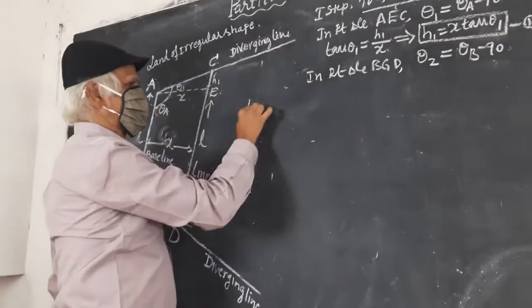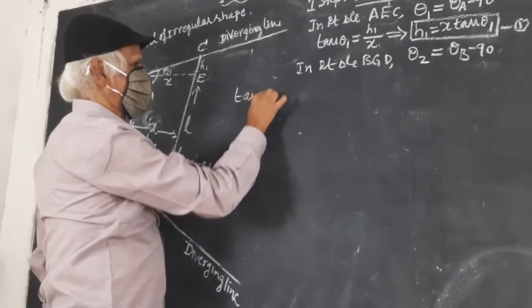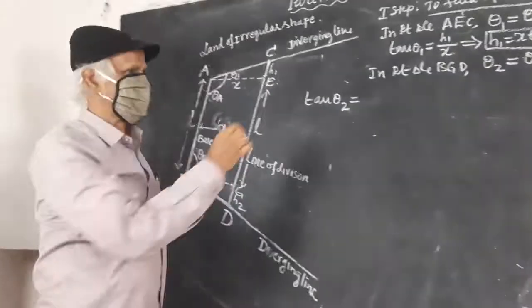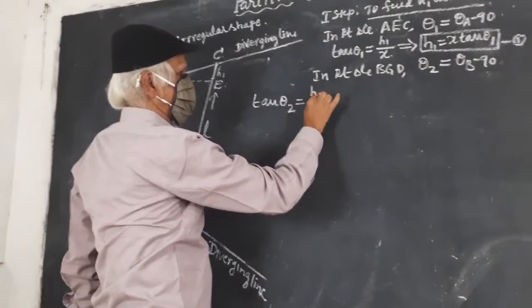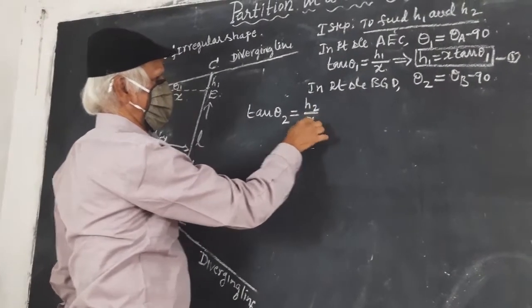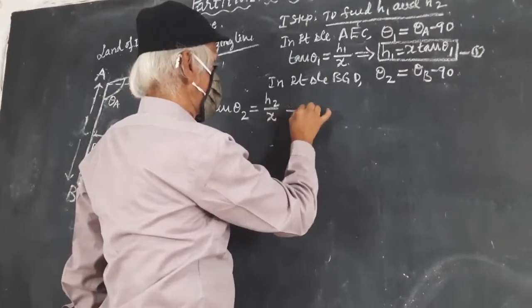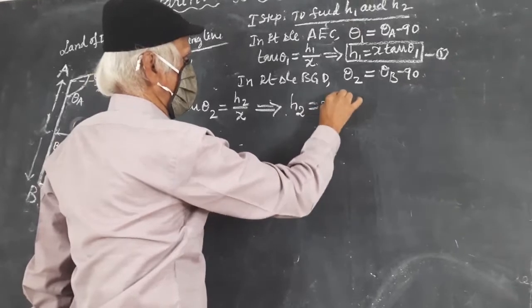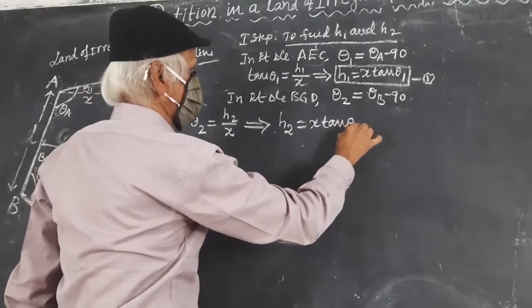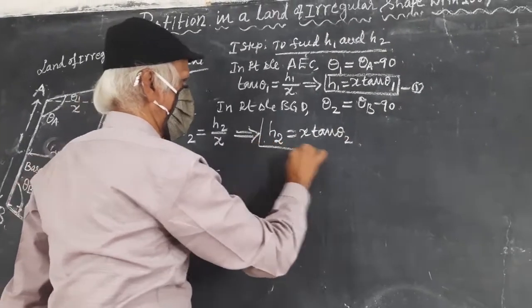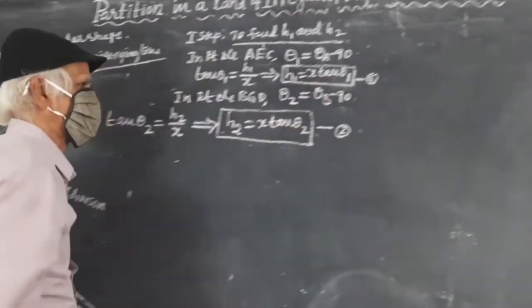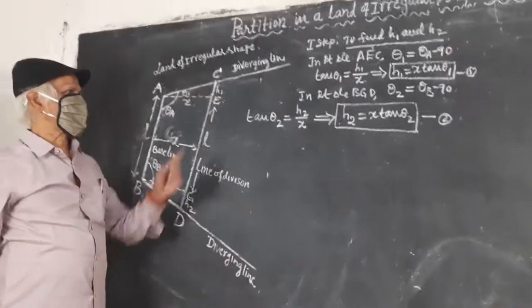So here also consider the trigonometric ratio tan theta 2. This is H2 by X. On cross multiplying it, this gives H2 is equal to X tan theta 2. Call this equation 2.